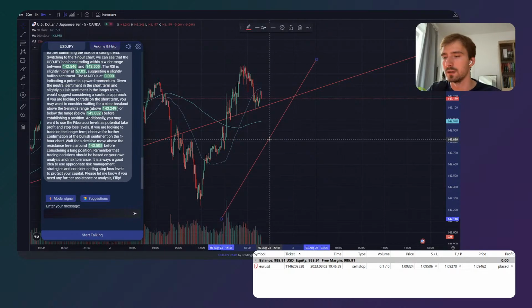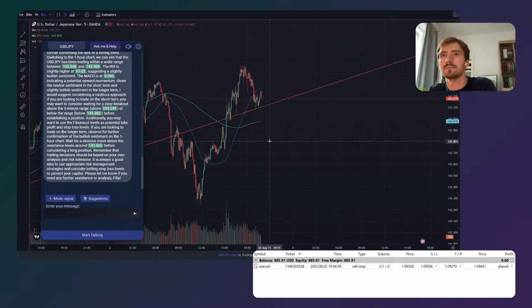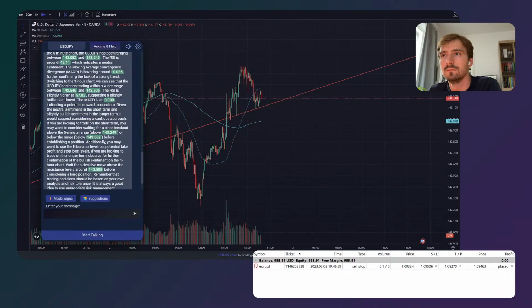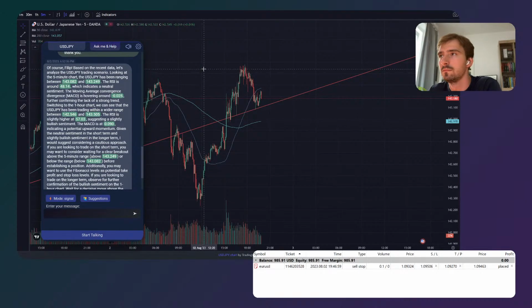Switching to the 1-hour chart, we can see that the USD JPY has been trading within a wider range between 142.546 and 143.505. The RSI is slightly higher at 57.03, suggesting a slightly bullish sentiment. The MACD is at 0.090, indicating a potential upward momentum.